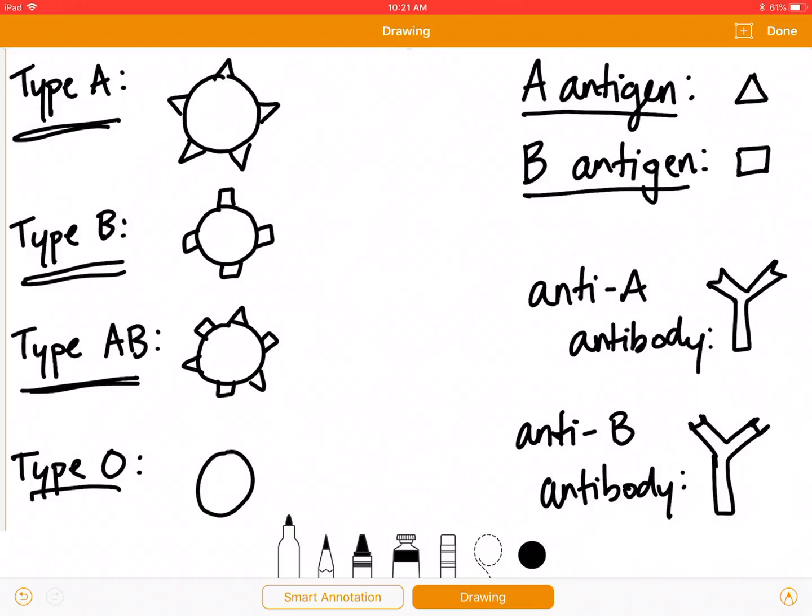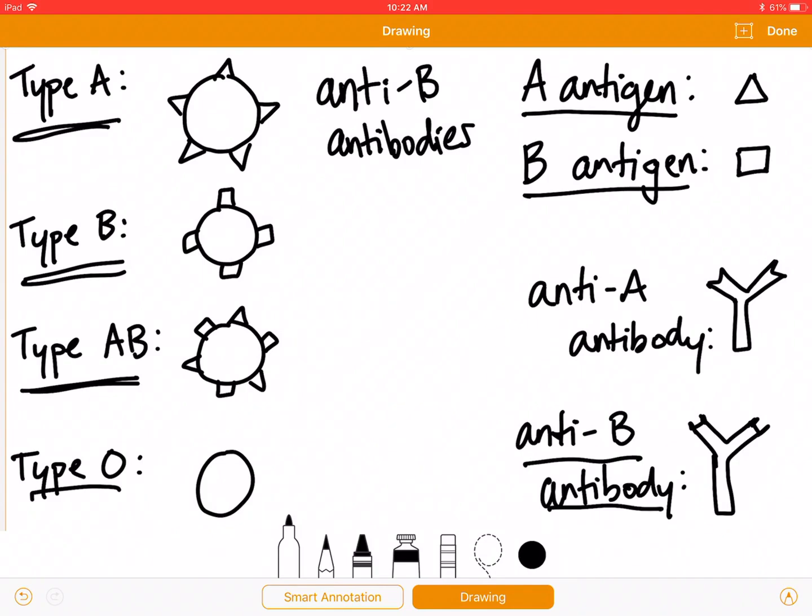So type A blood, this one here, will have these anti-B antibodies in their blood plasma. And that's this one down here that I have drawn. So as you can see, this antibody has binding sites that are specific for this B antigen.